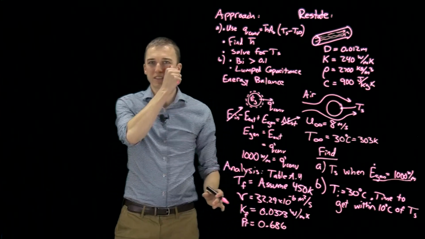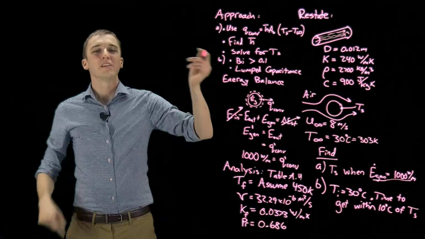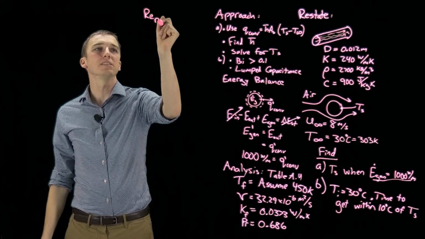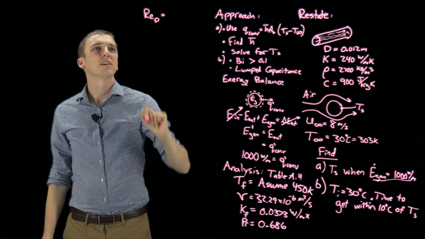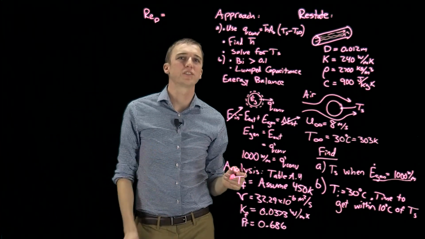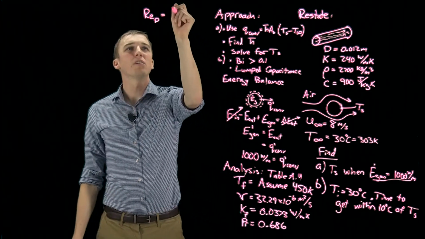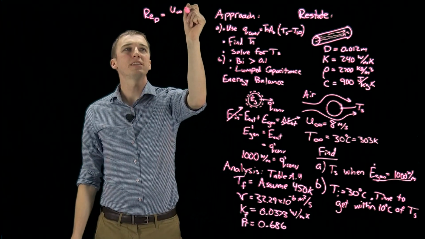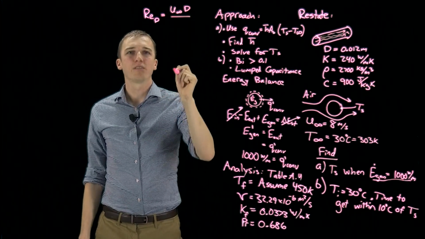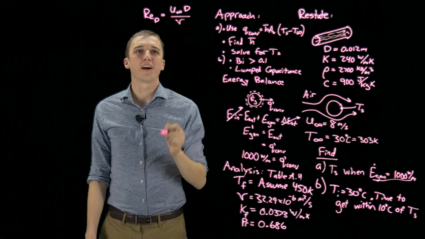Let's go ahead and solve for h bar. But before we do that, we always need to know the Reynolds number. That is an important part of finding any convection transfer coefficient. So the Reynolds number would be U infinity times a characteristic length, or the diameter of our rod, divided by kinematic viscosity.